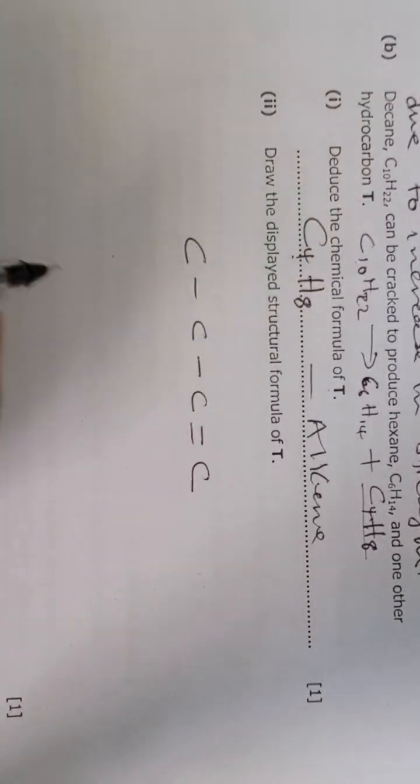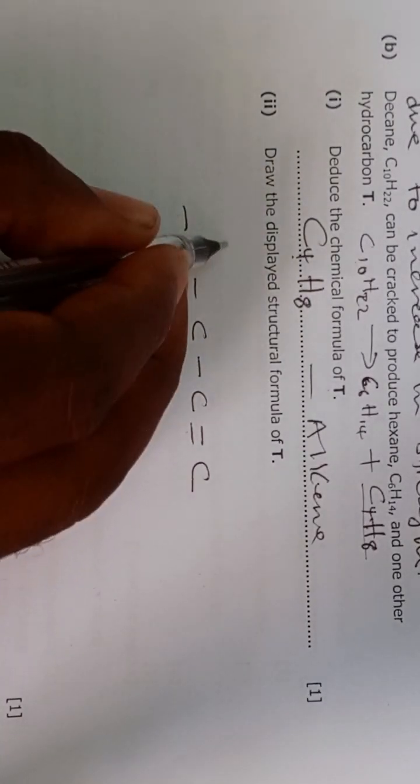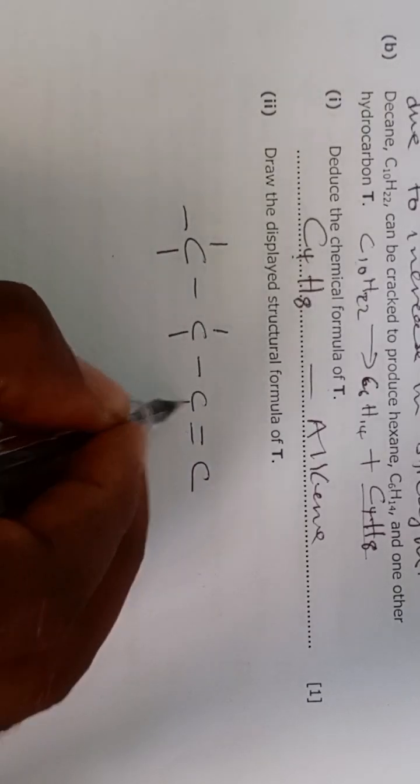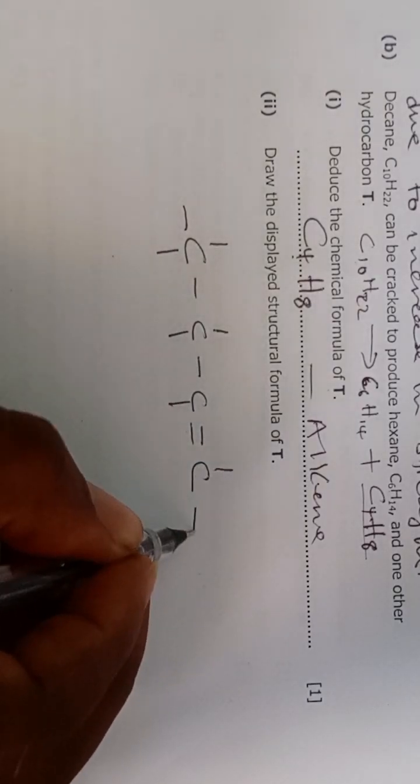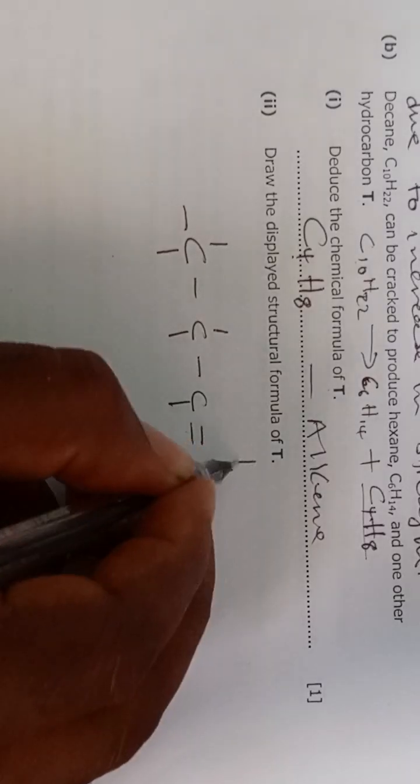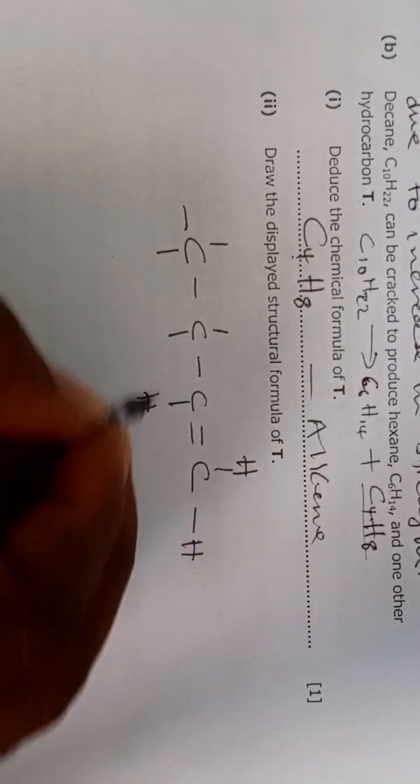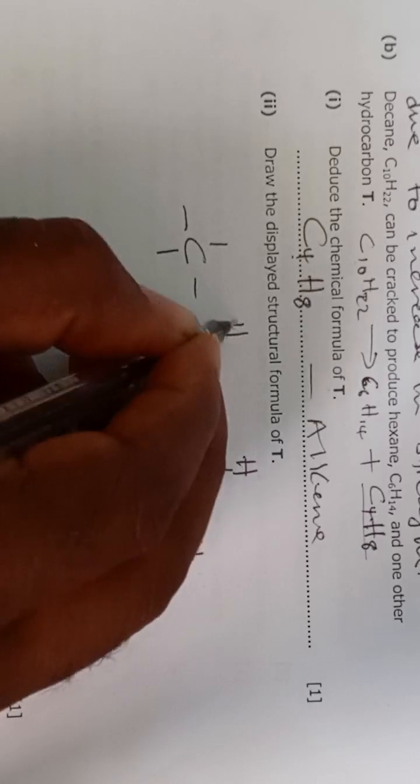So we have a double bond between two carbon atoms. Then we have 8 hydrogen atoms: 1, 2, 3, 4, 5, 6, 7, 8. So that is the structure of hydrocarbon T.